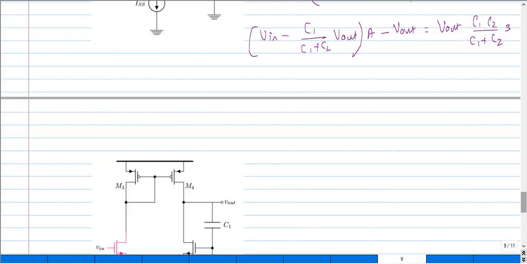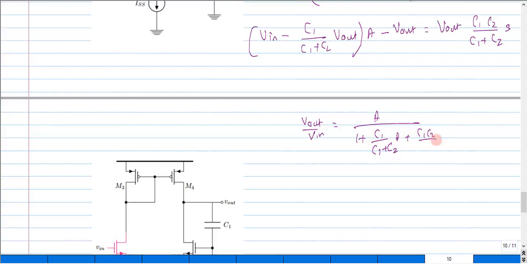Let me put it here: Vout by Vin would be the gain divided by 1 plus C1 divided by C1 plus C2 times the gain, and then C1 C2 over C1 plus C2 times s into R out.